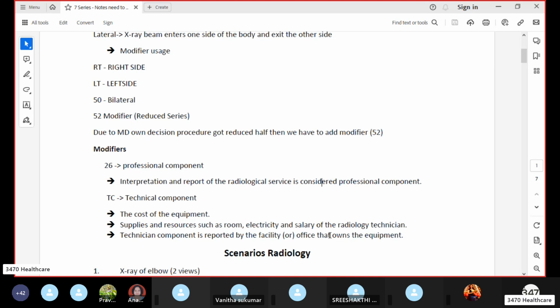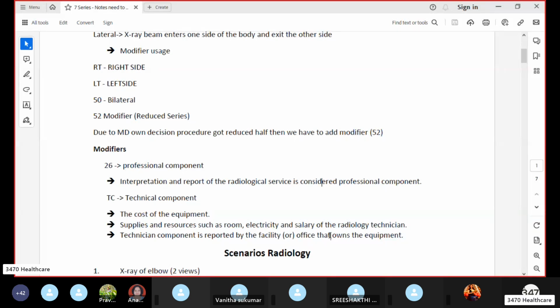Now the provider looks at the film independently. What he sees in the film, he writes the results, he writes the summarization. I personally independently interpreted the X-ray film.